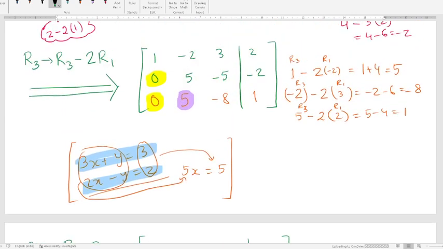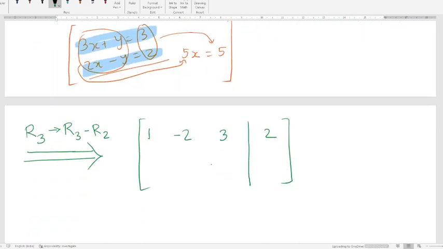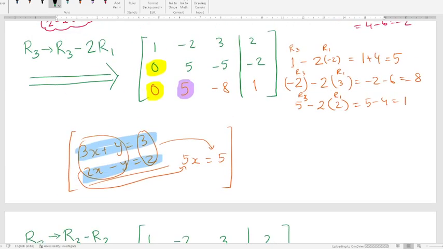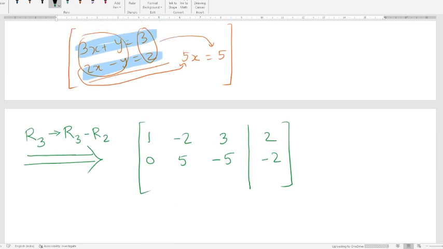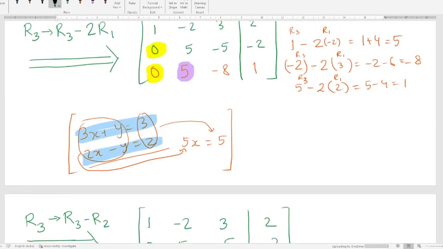Correct? And then 0, 5, minus 5, minus 2. Is it minus 2? My bad. Okay. Minus 5, minus 2. And then we have got a 0. Okay. R3 minus R2, right?